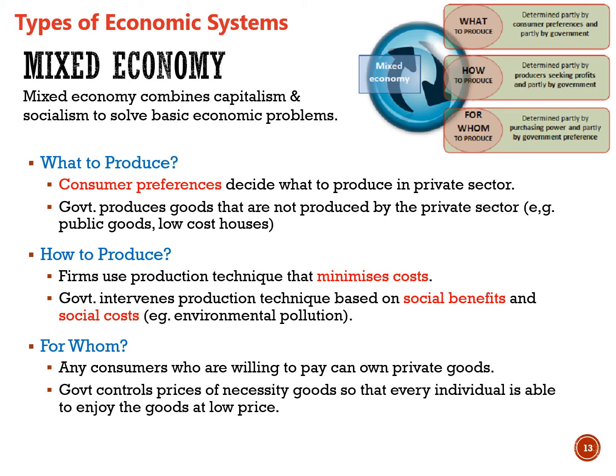At the same time, government enforces regulation to intervene in the production techniques of private firms. Among the reasons is to minimize environmental pollution. In a mixed economy, any consumers who are willing to pay can own private goods. However, government controls prices of necessity goods so that individuals are able to enjoy the goods at low prices.